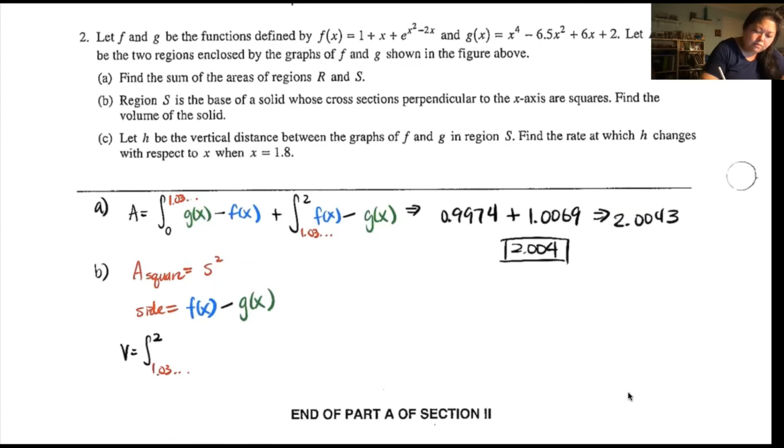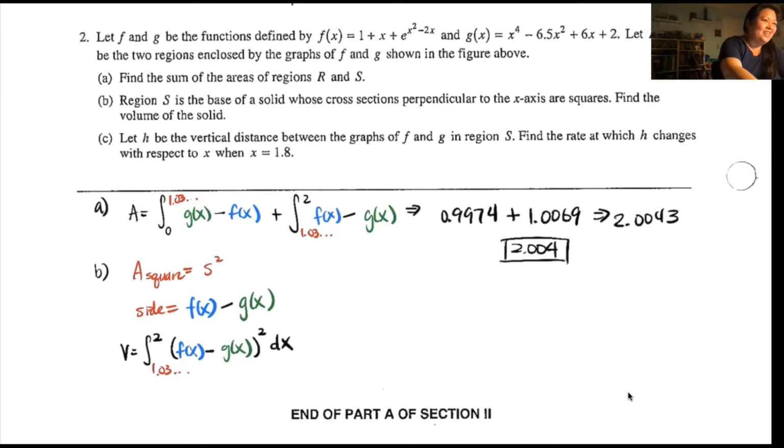And then my functions, f of x minus g of x. And this is the whole thing. This is a side, so squared dx, right? That gives you each side, right? So that gives you each square, and then you add up infinitely many of these so that you can get all of the squares in this problem.